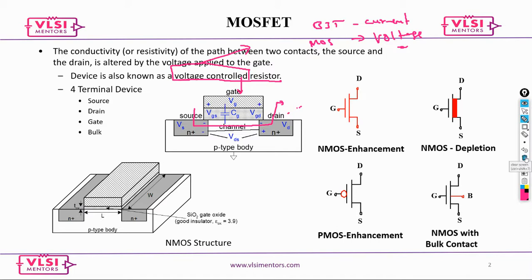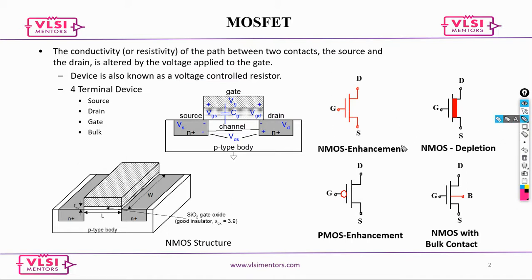The next thing is different types of MOSFET. We have two types of MOSFETs. One is the enhancement MOS, and there is the depletion MOSFET. When I say enhancement MOS, by default it is off. If you want to turn it on, you need to supply a voltage at the gate.